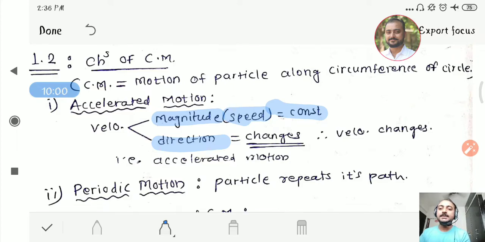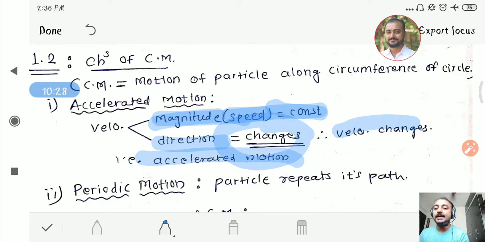So the speed of the particle performing circular motion remains constant, but there is a change in direction continuously. Change in direction of the particle shows the change in velocity, and this change in velocity produces acceleration, and that's why circular motion is accelerated motion.